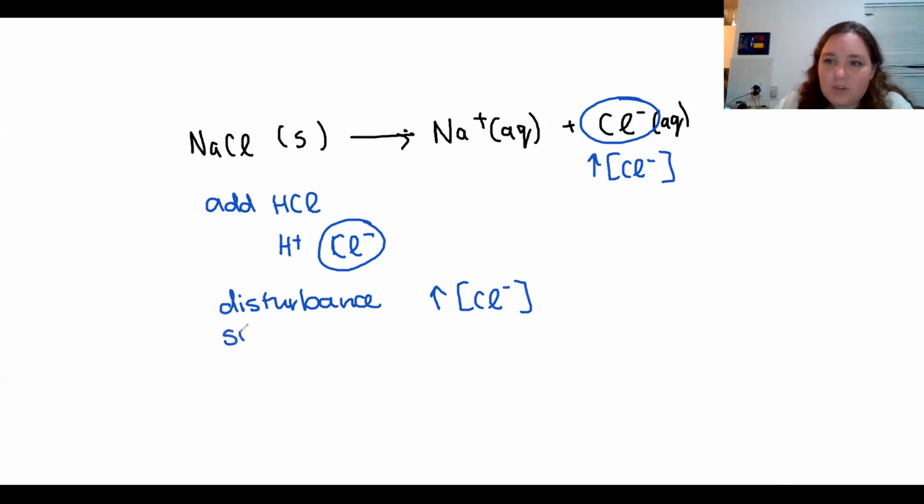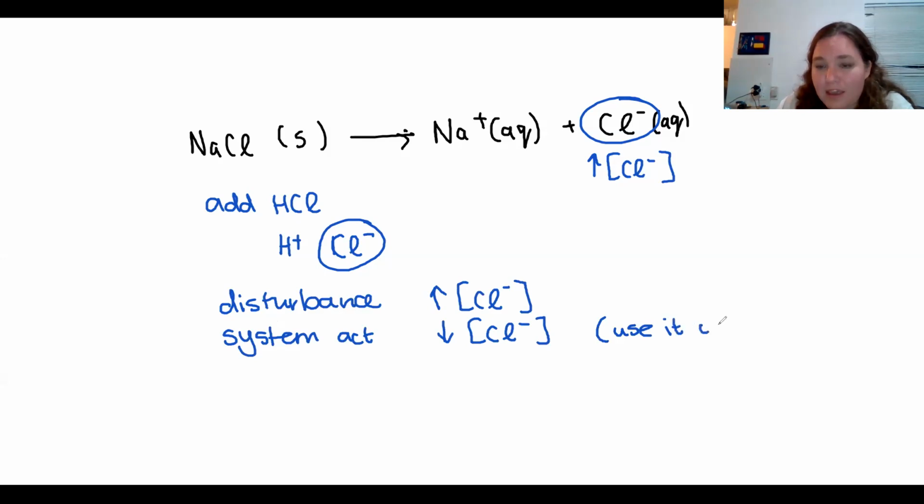So the system will act to decrease the concentration of Cl minus. To decrease the concentration of Cl minus, we must use it up, and the only way we can use it up is by favoring the reverse reaction.